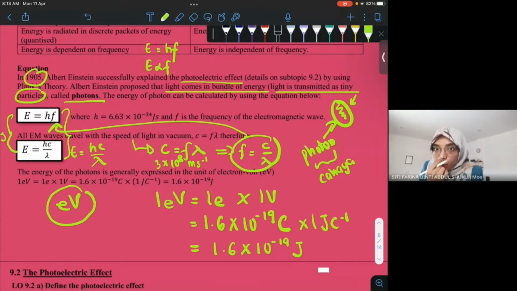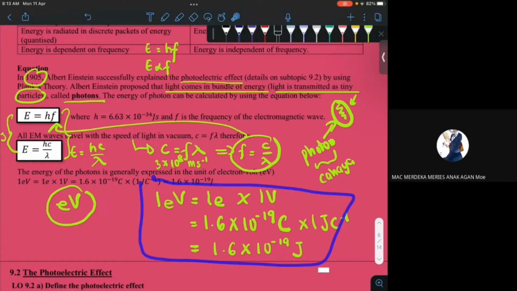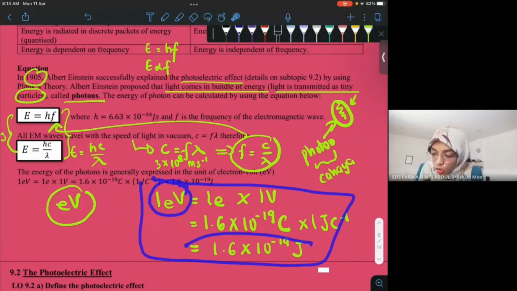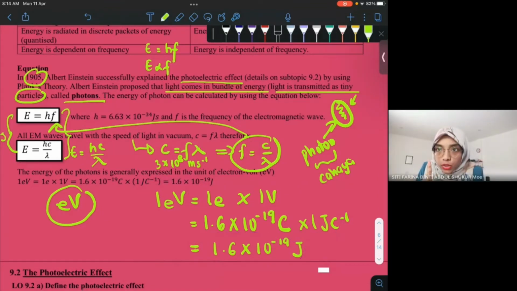So once we get the answer in joule, we have to convert to electron volt. So basically, this here is the relationship between electron volt and joule, where 1 electron volt is equivalent to 1.6 × 10^-19 joule. So later use this relationship to convert joule to electron volt.